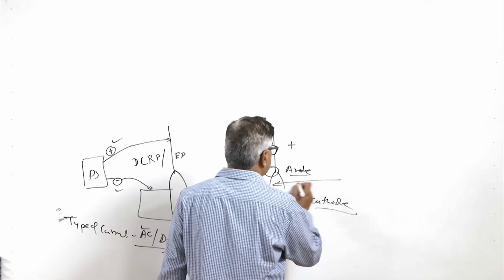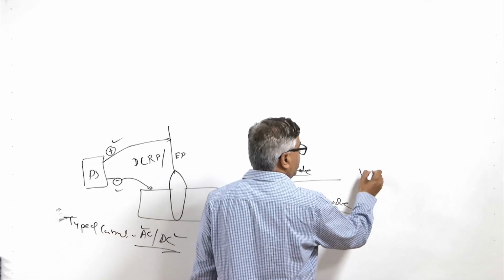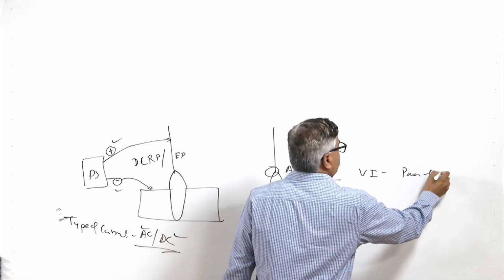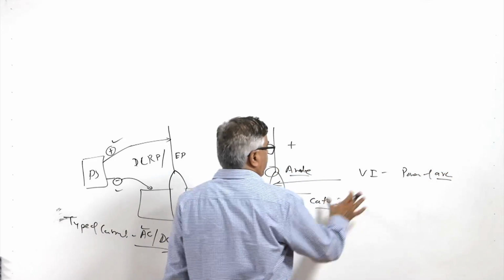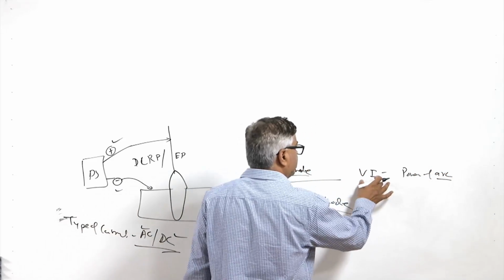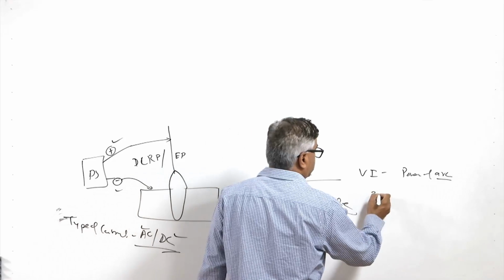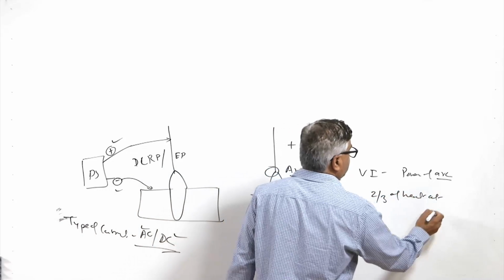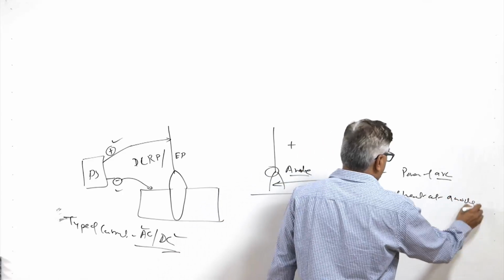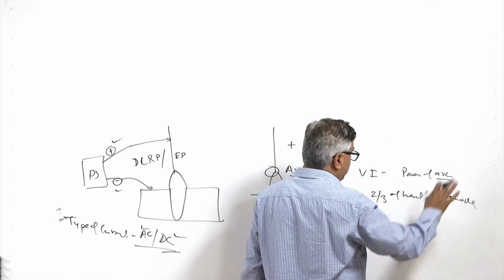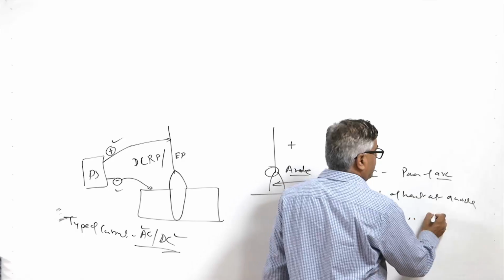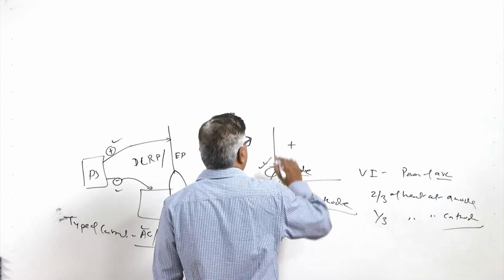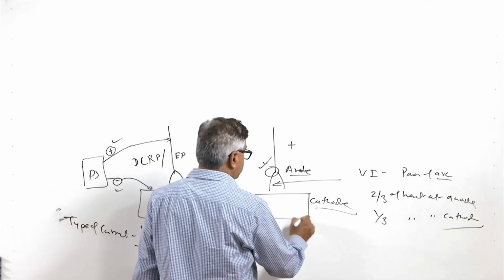The heat generated by the arc is given by VI, also termed the power of the arc. Of this heat, 2/3 is generated at the anode side, while 1/3 is generated at the cathode side.